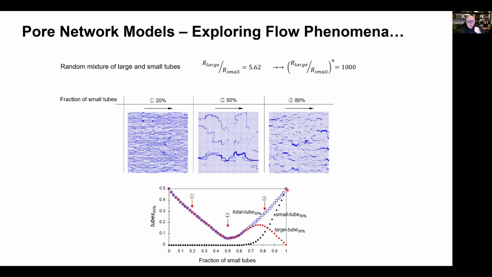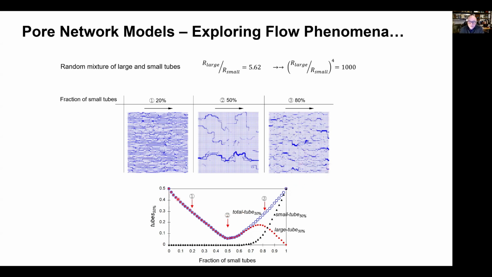If all the tubes are large, once again, 50% of the tubes will be responsible for 50% of the flow. Clearly notice that the flow, when all the tubes are large or all the tubes are small, is going to be completely different for the same pressure gradient. But here we're just wondering about, for a given flow rate, how many tubes are responsible for that flow rate.